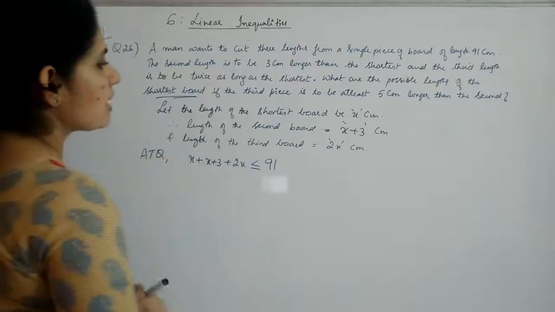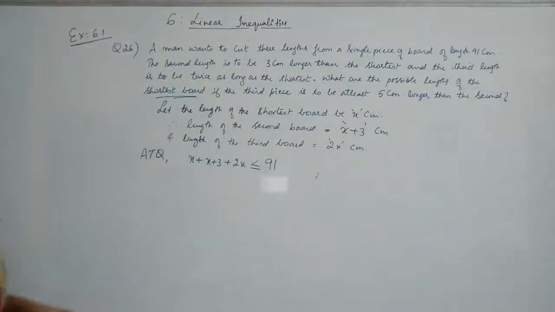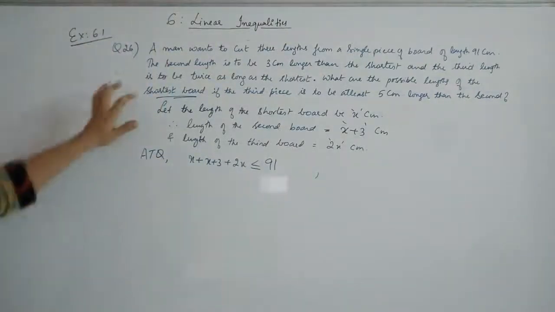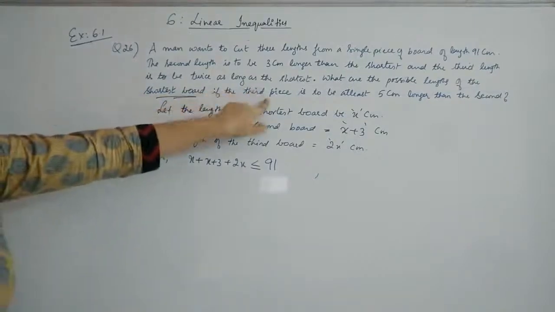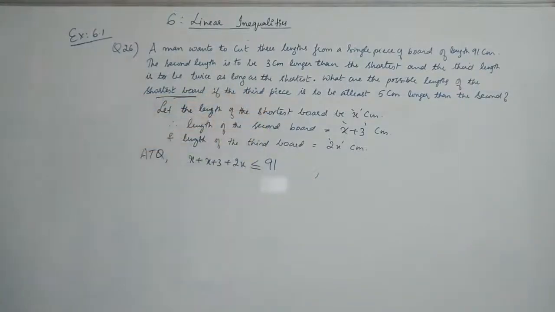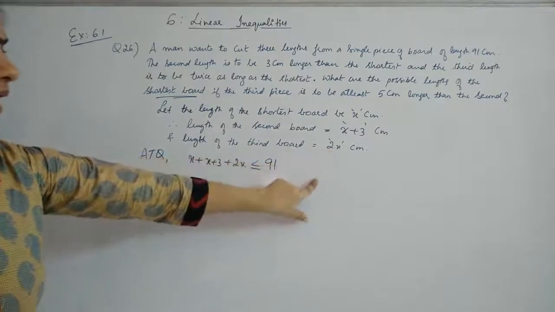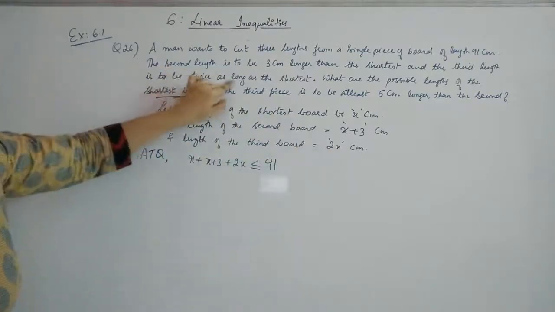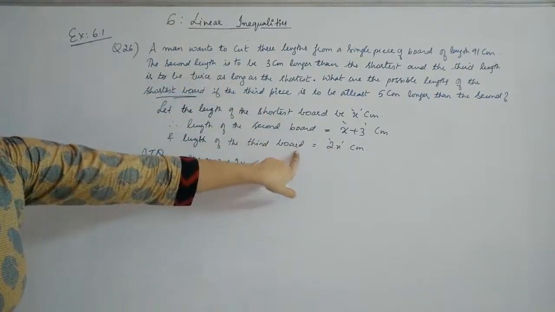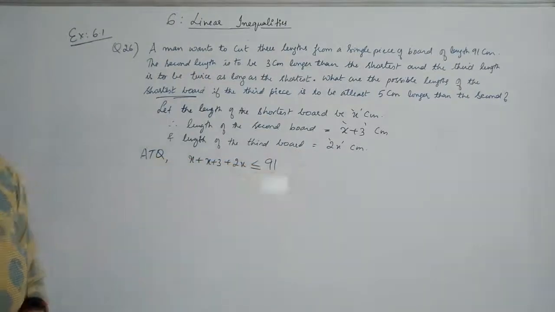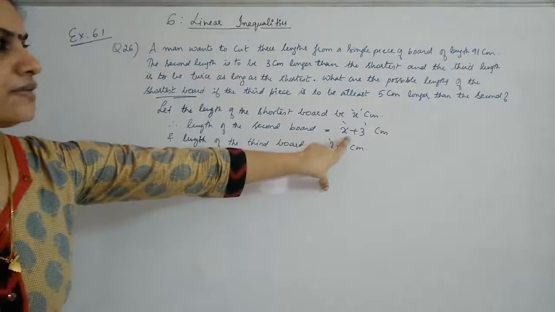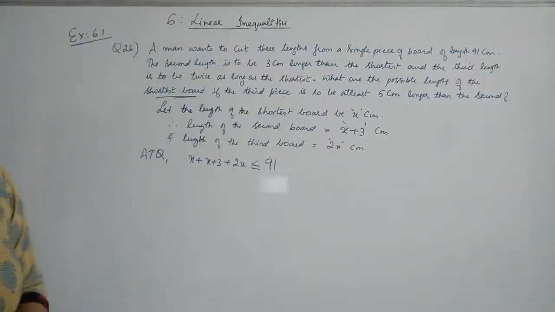The other thing which they have given is, last sentence you just see, the possible lengths of the shortest board if the third piece, that is 2x, is to be at least 5 centimeter longer than the second one. Second one is this one, and 5 centimeter longer than the second means x plus 3 plus 5.